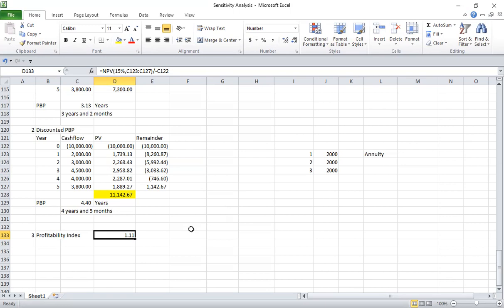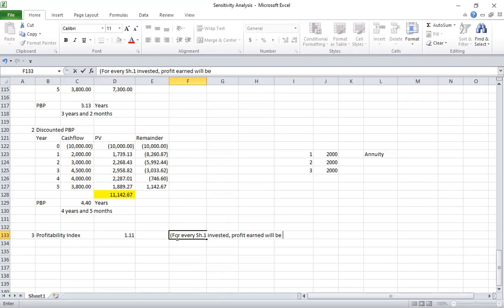And what does this mean? The interpretation of this is that for every 1 shilling invested, the profit earned will be 0.11 shillings.